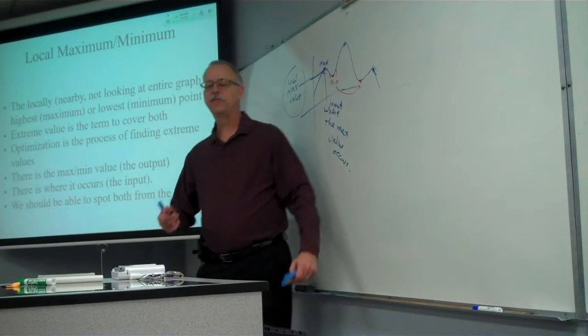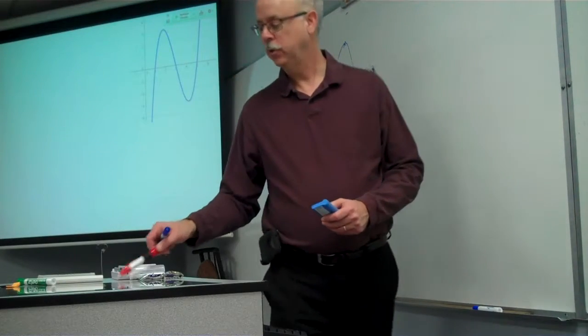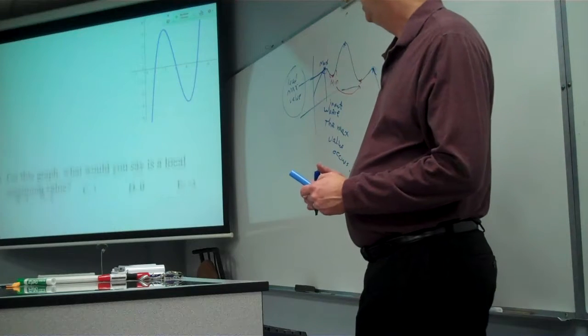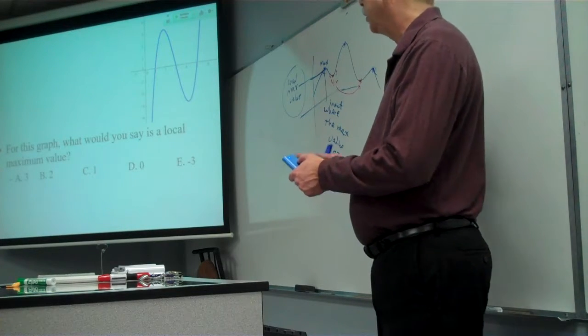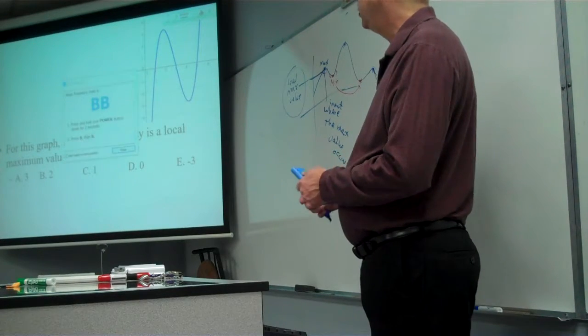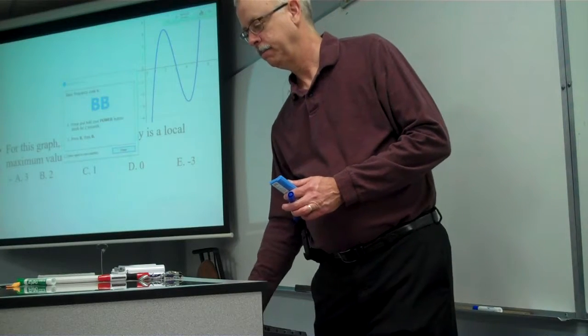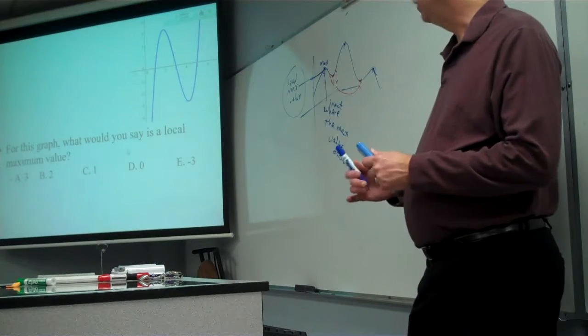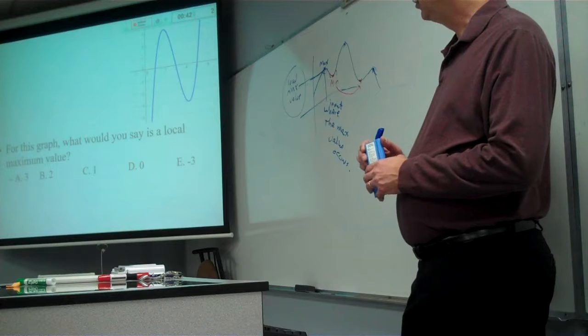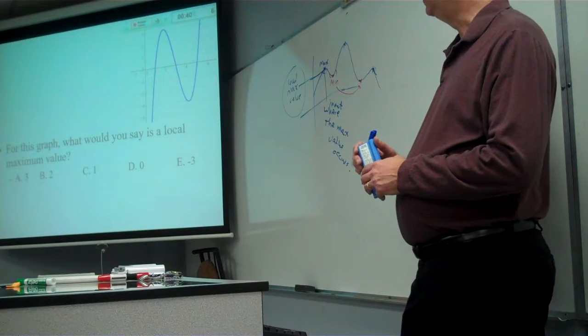Now, certainly from a graph, we should be able to spot both. So here's a graph. And we should be able to figure out from the graph what the local maximum value is. So as we look at this graph, we should be able to determine the local maximum value.